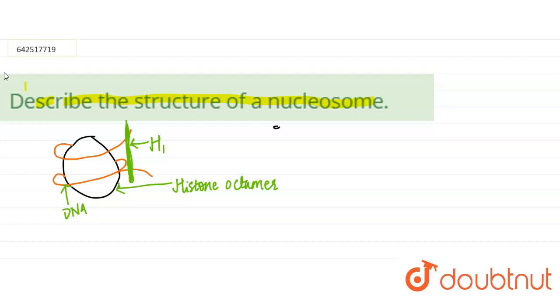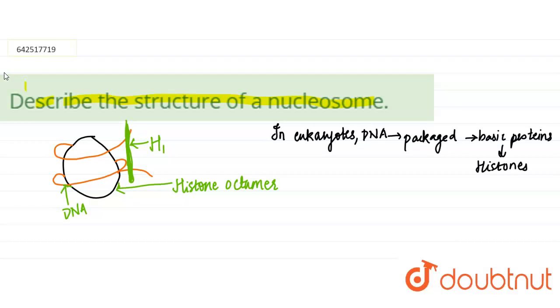Now in eukaryotes, DNA is packaged in association with some basic proteins, that is known as histones. Now these histone proteins are rich in basic amino acids like our lysine, arginine, okay.